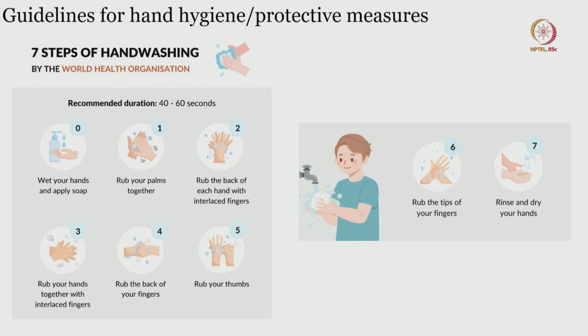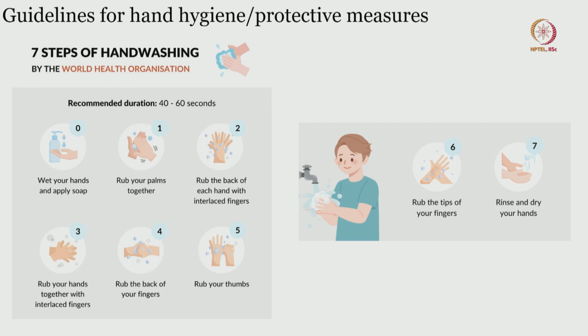So just to give a recap, first is the palm, then the interlaced fingers on the palmar surface and the dorsal surface, where you interlace and cover the web spaces. Once that is done, then the back of your fingers needs to be covered in the 4th step. Then the 5th step is dedicated to cleaning the thumb, which stands out separately.